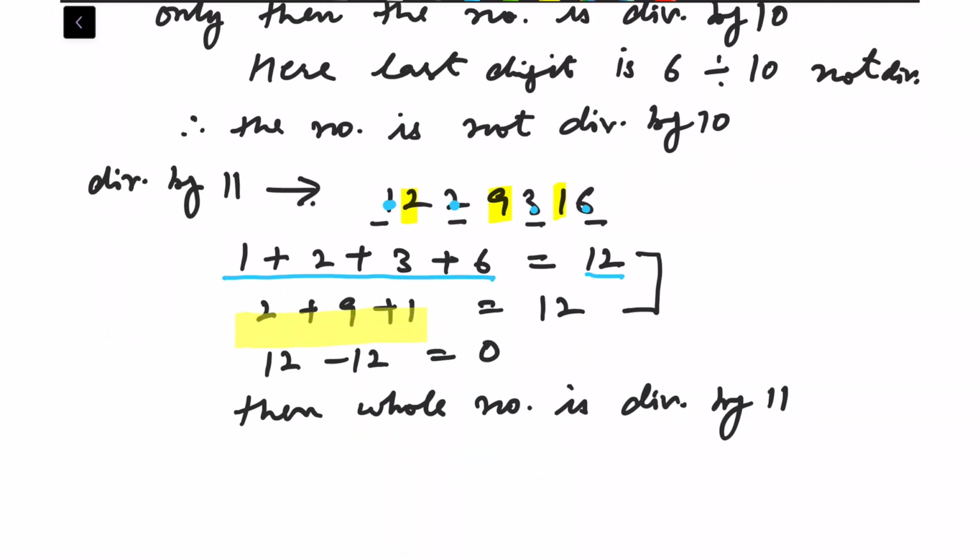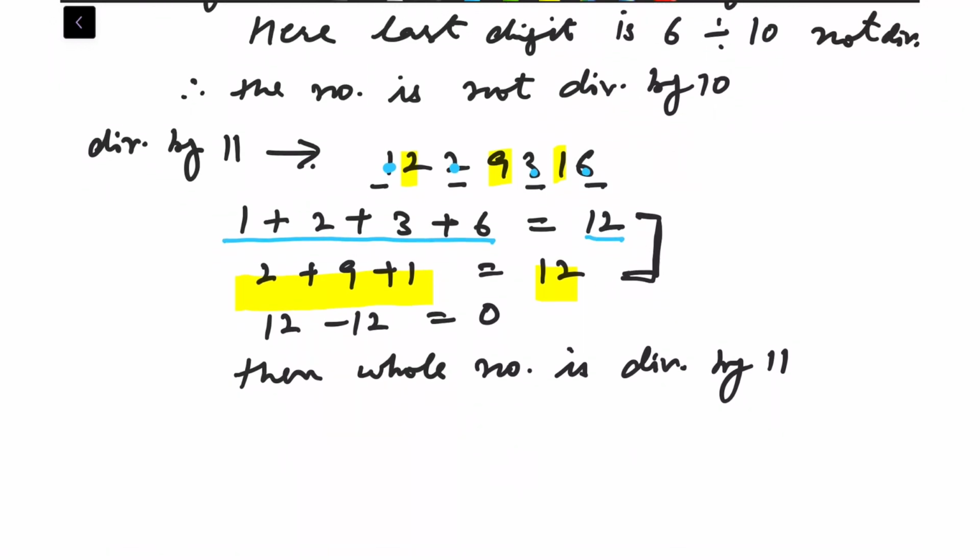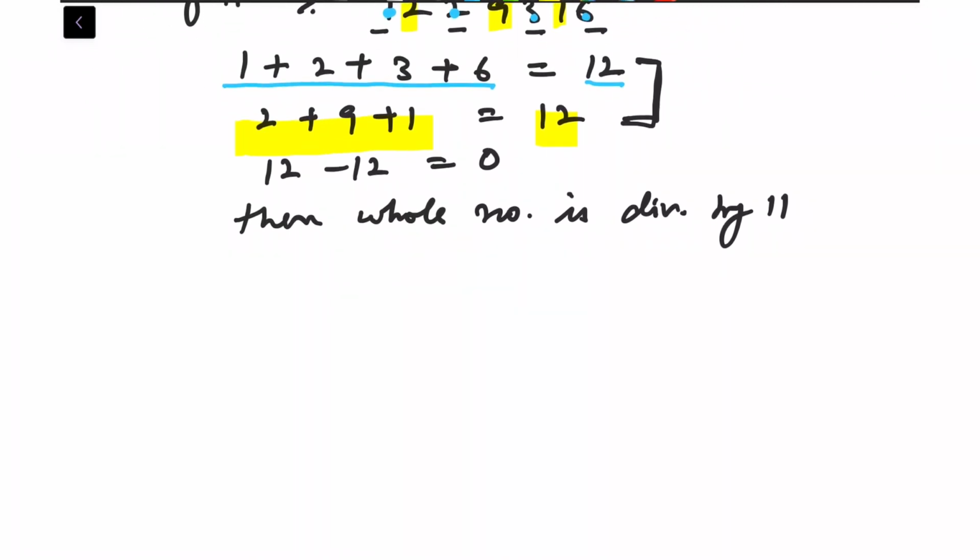We have taken these digits here and add, we get 12. After it, we will subtract both the numbers, and get 0. If we get 0 or a number which is divisible by 11, then the whole number will be divisible by 11. This is the divisibility by 11.